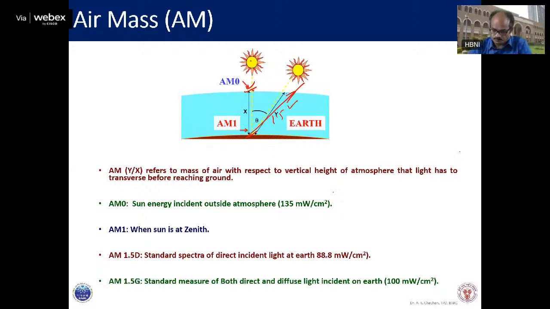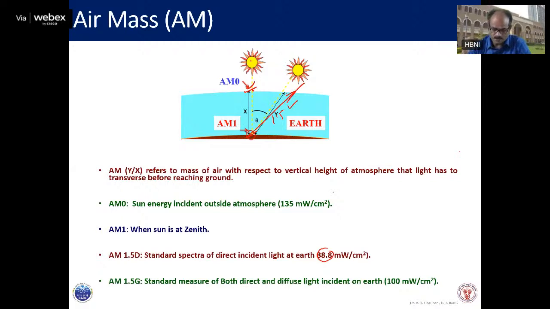So the intensity of radiation received at the ground at that time is about 88 milliwatt per centimeter square. But this is the direct radiation, received directly from the sun.